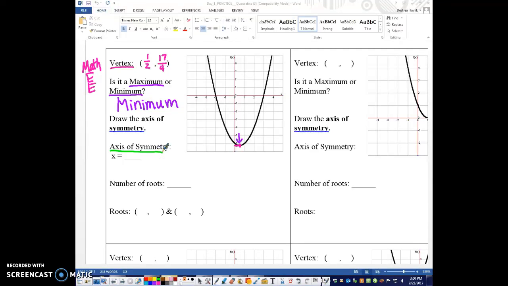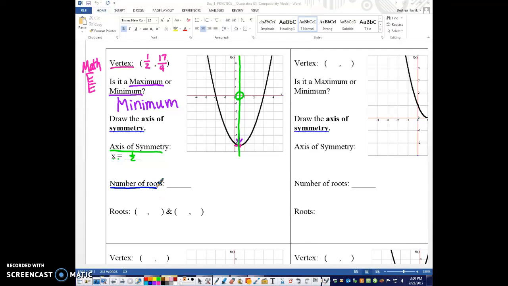It's a line that goes straight through the center. Okay, so let's draw a line straight through the center. Okay, where does that hit the x-axis? Right here at 1/2. So it'd be x equals 1/2. X equals 1/2.